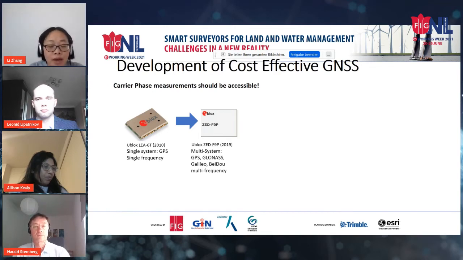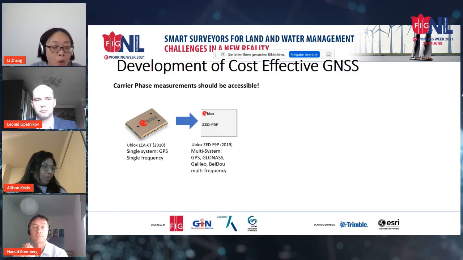And you know the trend of the hardware is that it gets cheaper and cheaper, and you can get much better hardware for less money, with more functionalities. As I started my PhD thesis, the newest u-blox receiver was the LEA-4T, which could only receive GPS and only single frequency L1.